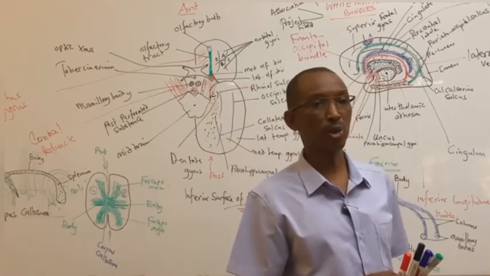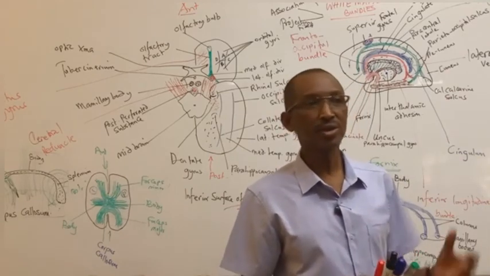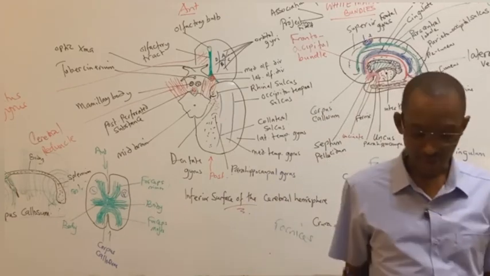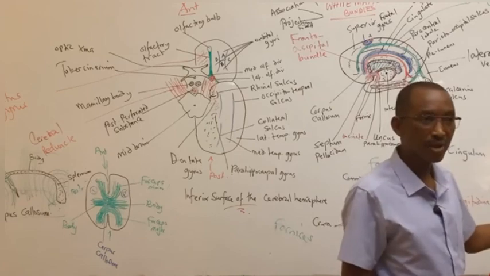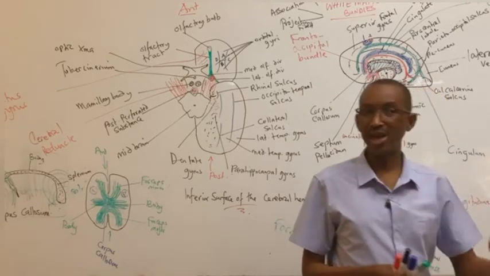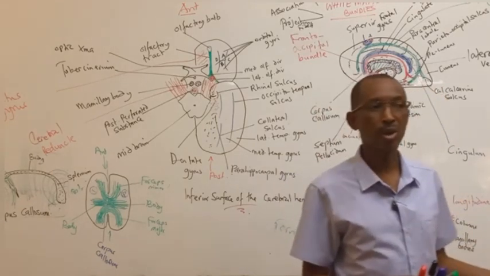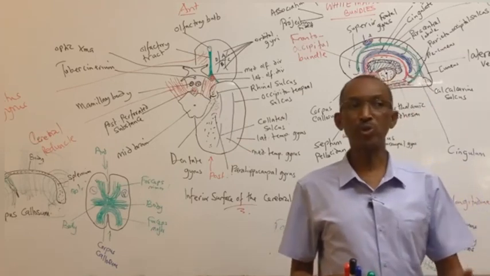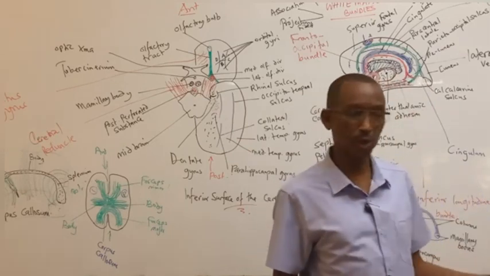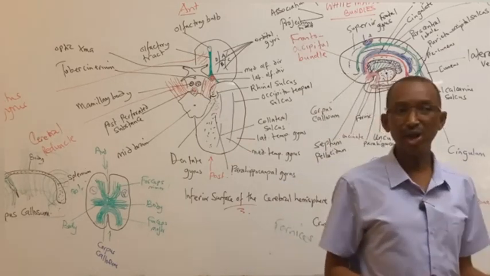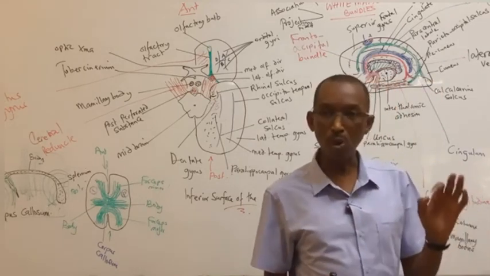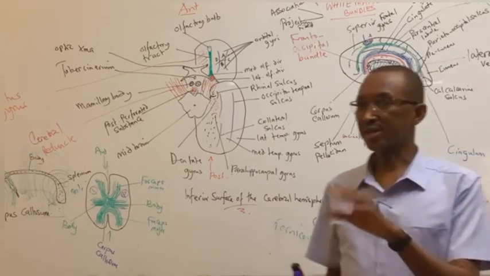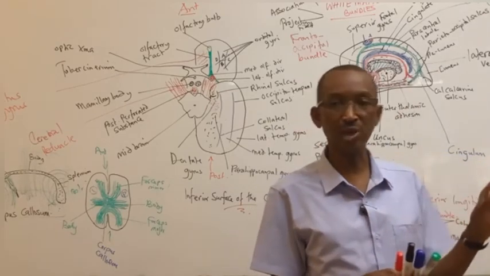The next one we are going to discuss is the intracerebral structures. That means we are going to discuss the basal nuclei, the thalami or the thalamus, the hypothalami or the hypothalamus, and other important intracerebral nuclei. We are going to take each one by one and discuss it so that you will understand every bit of it.